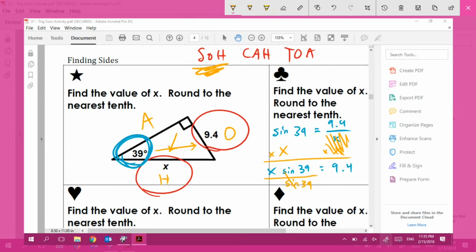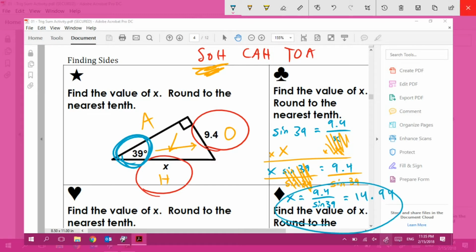That will cancel out the sine of 39 on the left side and give us our answer, which is going to be x equals 9.4 divided by sine of 39. So put that in the calculator, 9.4 divided by sine of 39, and your answer is 14.94. Boom! That is one example.